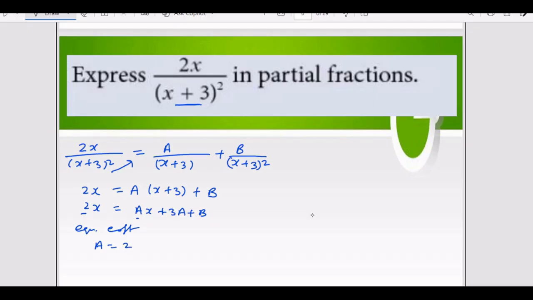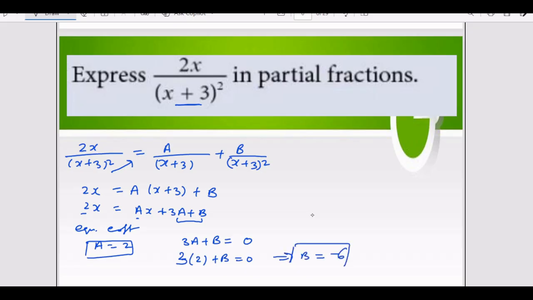So the value of a is 2, and the constant is 3a plus b. On the other side you see there is no constant, so that means it is 0. So as a is 2, 3 into 2 plus b equals 0. So this gives us b equals -6. Then we just substitute in equation 1.